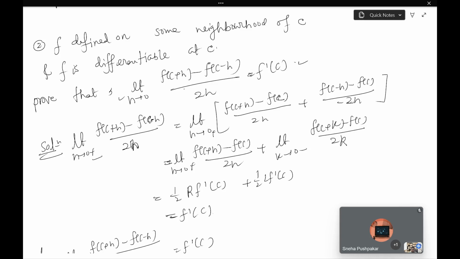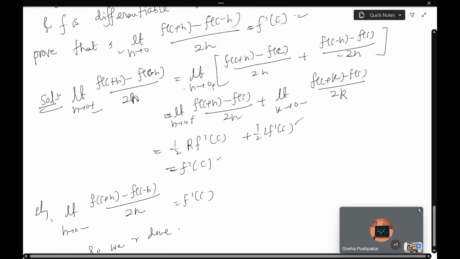This is the limit h goes to 0 plus of f of c plus h minus f of c by 2h plus the limit k goes to 0 minus of f of c plus k minus f of c by 2k. This portion is half of the right-hand limit of f prime c and half of the left-hand limit of f prime c. This is equal to f prime c because f is differentiable.